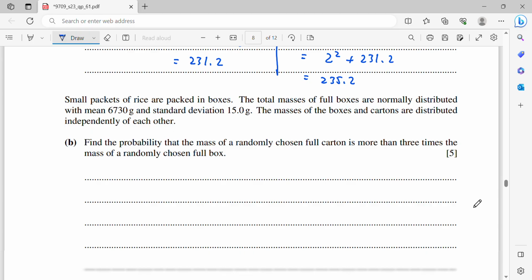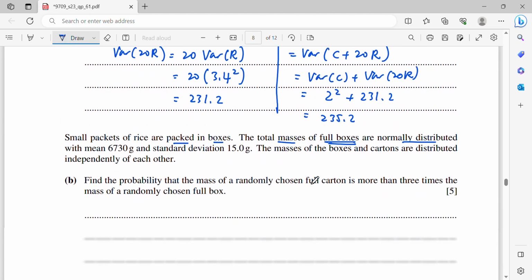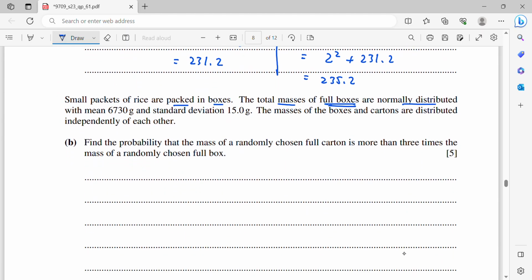Now, small packets of rice are packed in boxes. The total masses of full boxes are normally distributed with mean 6730 and standard deviation 15 grams.